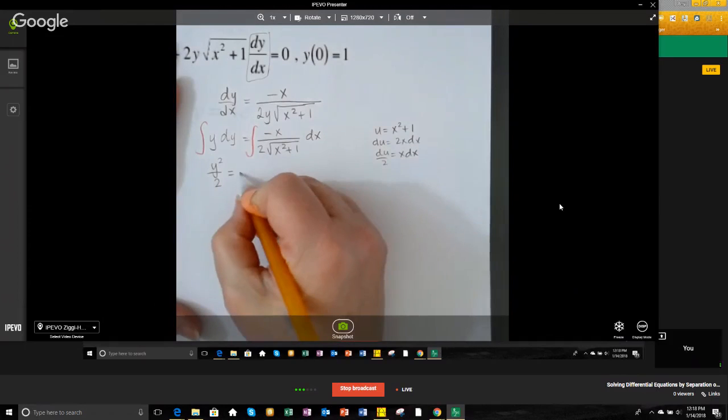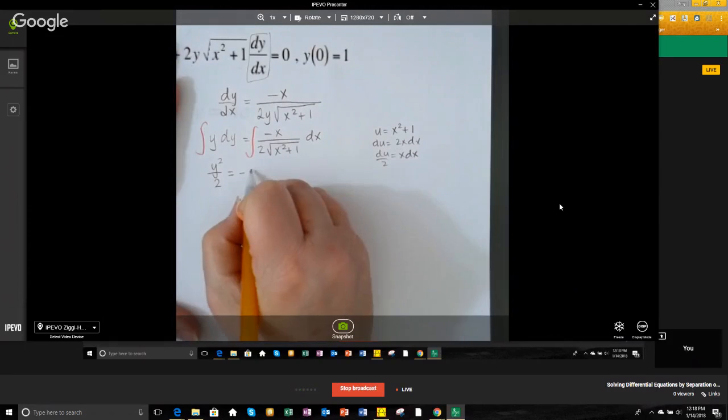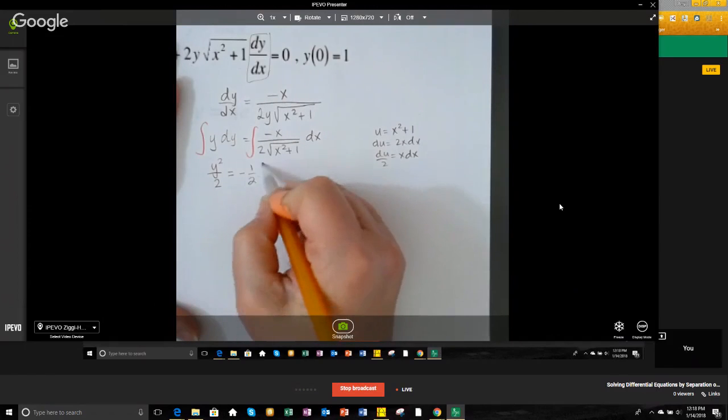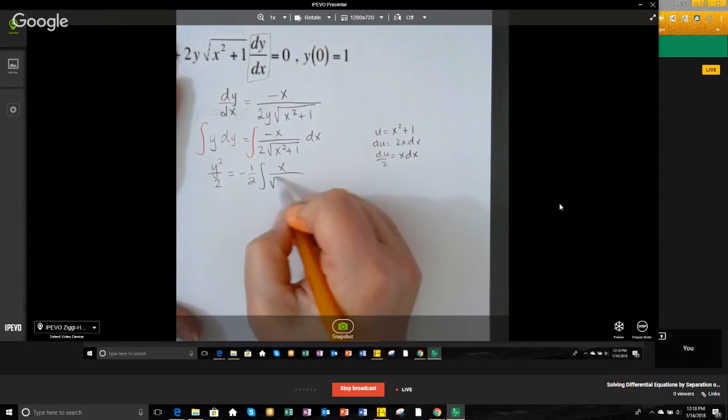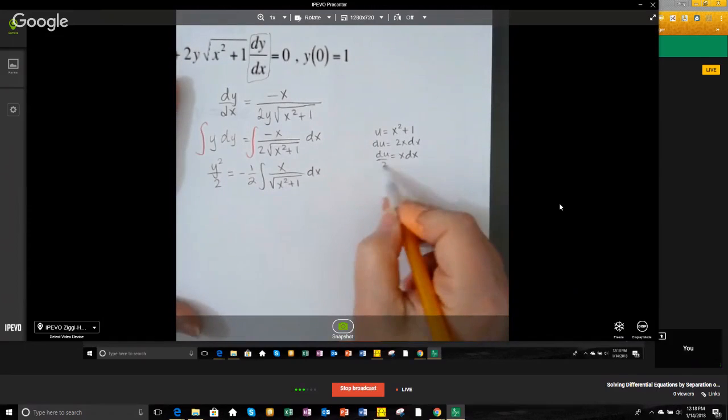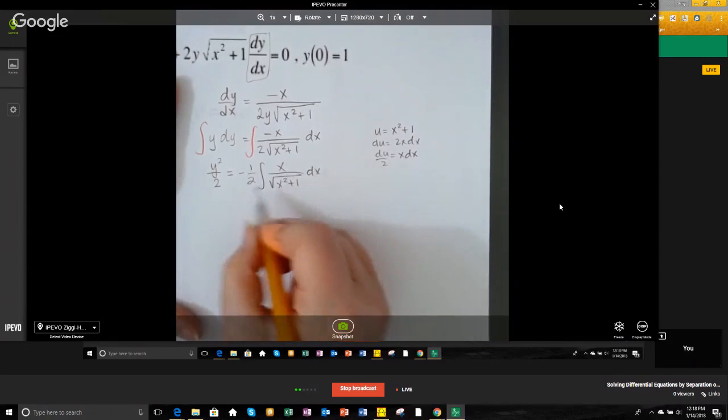So I'm going to pull out a negative 1/2 right here. The negative 1/2 I'm going to bring out in front and then show you that this is what I'm integrating here. And then I have to multiply by 1/2 to replace the x dx with du.